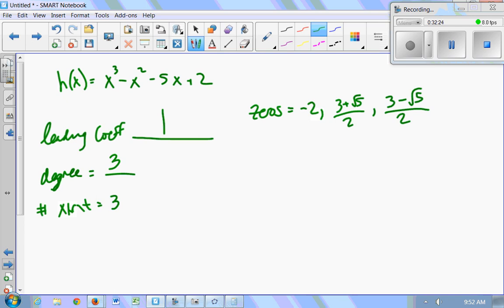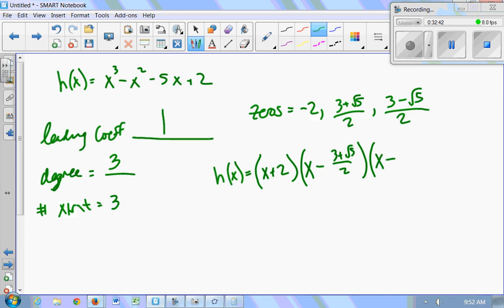So if I was going to write this thing in completely factored form, my leading coefficient is 1, and then each of my zeros becomes a factor of x minus it. My completely factored form.